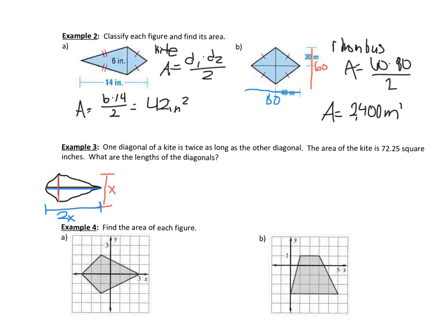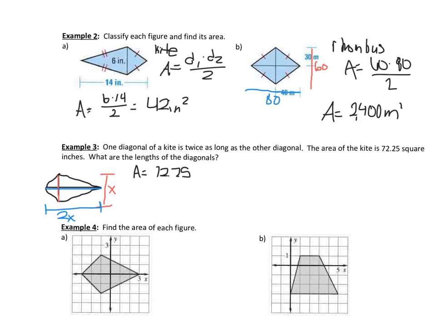Then it says the area is equal to 72.25 square inches. What are the lengths? So I need to use my formula for my kite, which again we can look up at my example 2 for this formula. So my area is equal to diagonal 1 times diagonal 2 divided by 2.